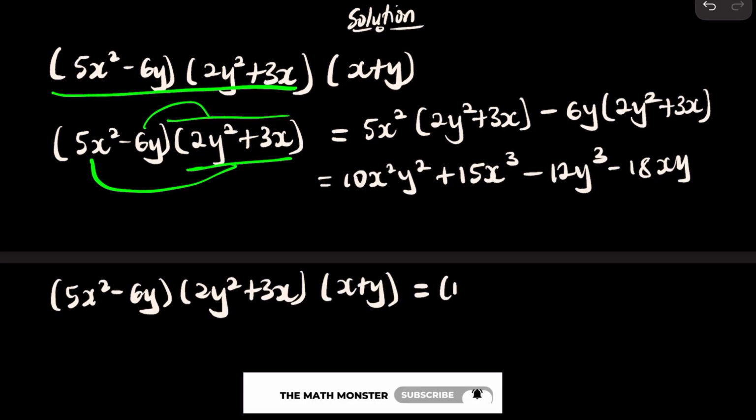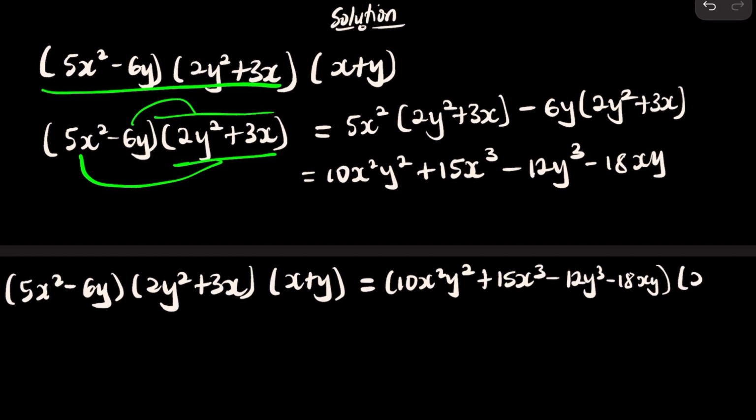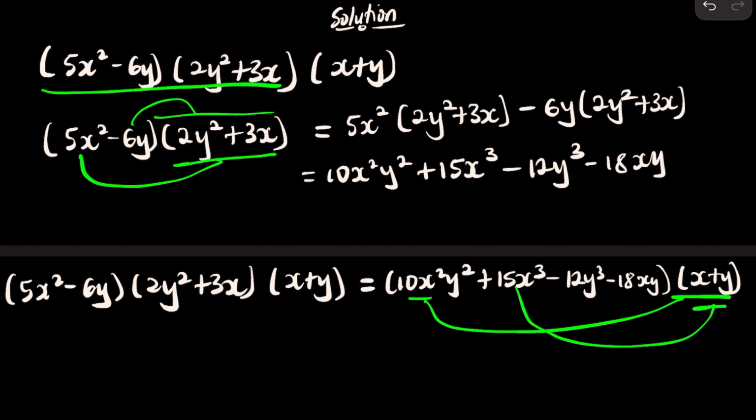So we are going to have 10x squared y squared plus 15x cubed minus 12y cubed minus 18xy times x plus y. This guy is going to multiply the whole of this. Likewise, this will also multiply this.